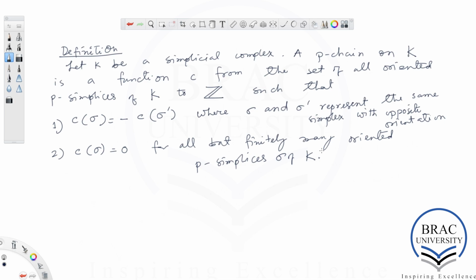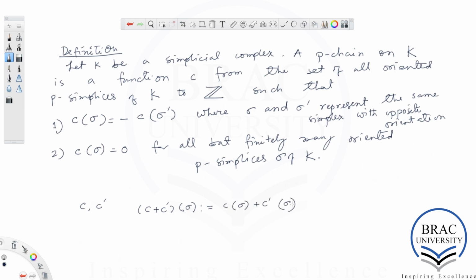Okay, so we can add two such p chains. Say if we have a p chain C and another p chain C prime, then we can add them up to obtain a new p chain. This new p chain C plus C prime, acting on an oriented p simplex sigma of K, is defined as C of sigma plus C prime of sigma.